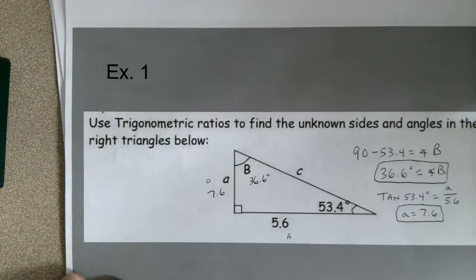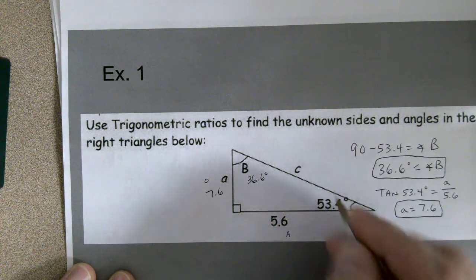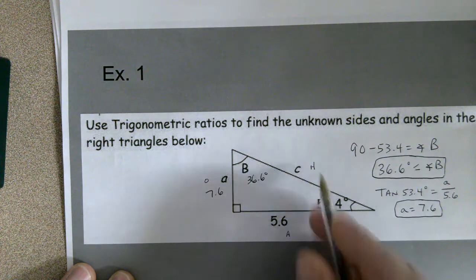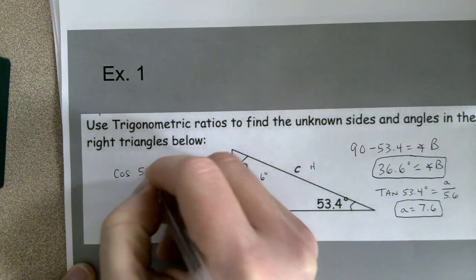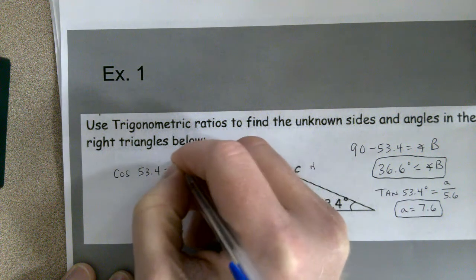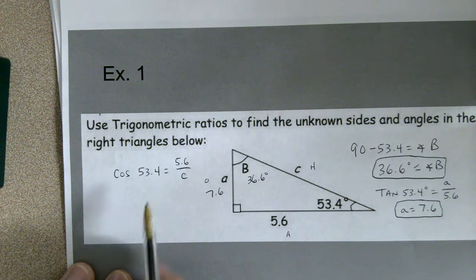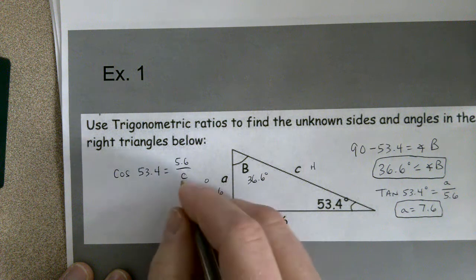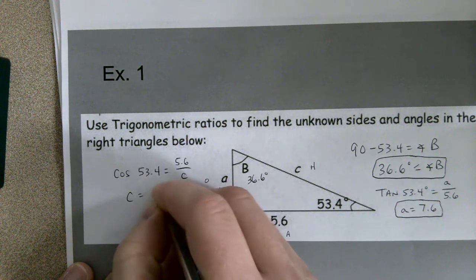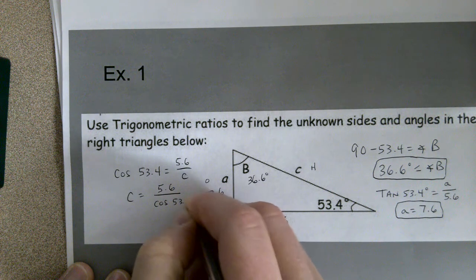Now I'm going to go about finding the measure of side C. C, with relation to this angle, is the hypotenuse. So using the adjacent and the hypotenuse, I'm going to say the cosine of 53.4 is equal to 5.6 over C. Now, notice C is on the bottom of the fraction, so another way of writing this would be C is equal to 5.6 divided by the cosine of 53.4.